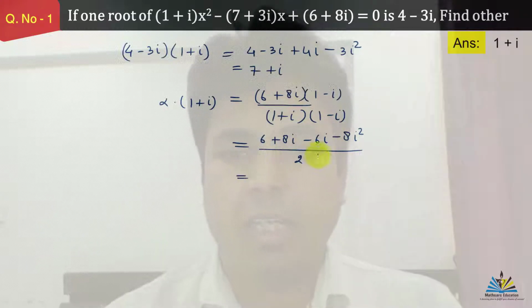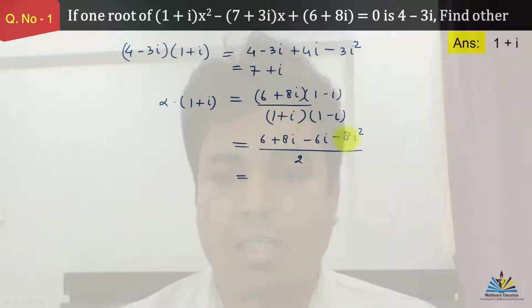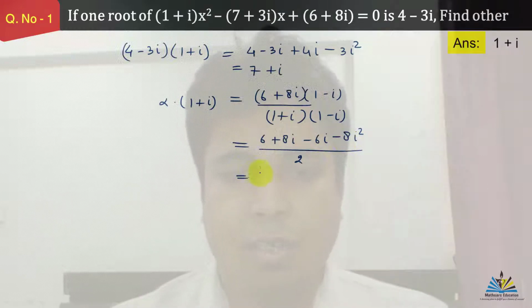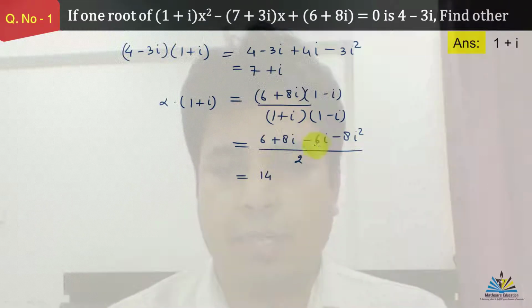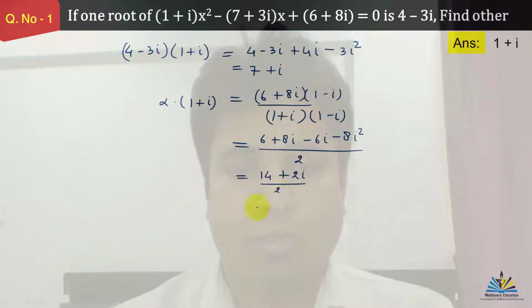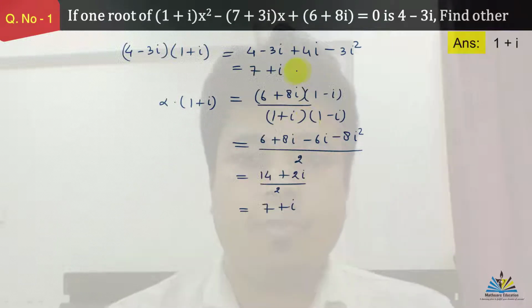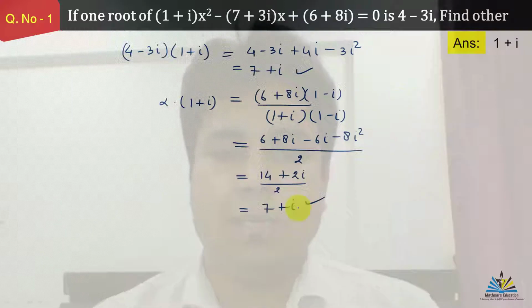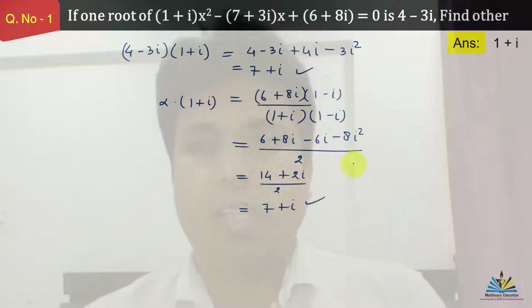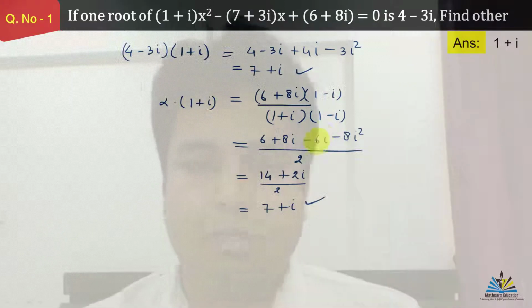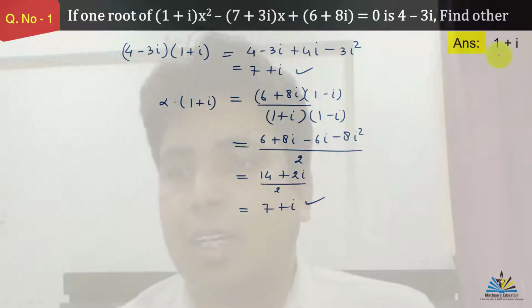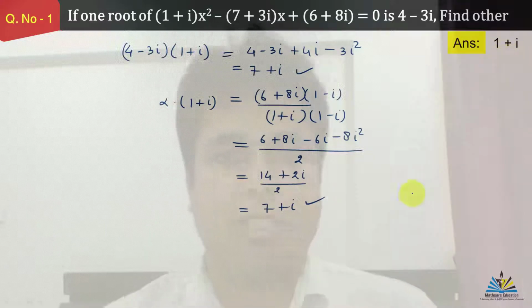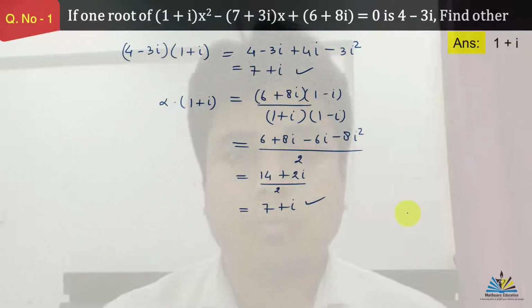So this is 6 plus 8, that is 14, and 8i minus 6i is 2i, divided by 2. So you will again get 7 plus i. So you can check it out. We are getting the product of roots as 7 plus i. But in this case, our aim was not to get the product, but to find the other root. So 1 plus i is the other root.